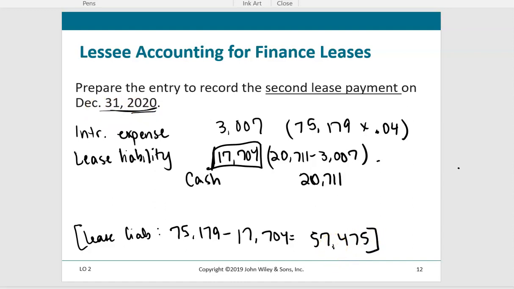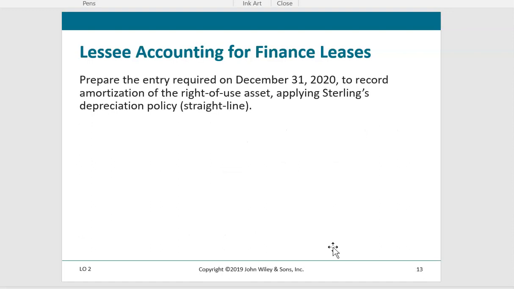But there's one more journal entry the company needs to make before it puts together its balance sheet. Remember that the company recorded a right of use asset. Well, over time, that right of use asset is going to be depreciated, except that we call it amortization. If we own it, we depreciate it. If we lease it, we amortize that right of use lease asset. So an entry is recorded to debit or increase amortization expense.